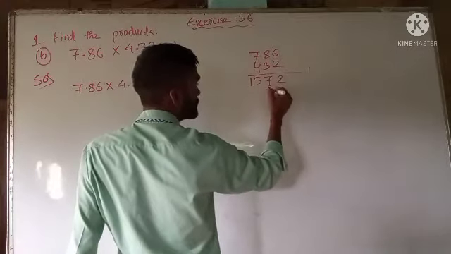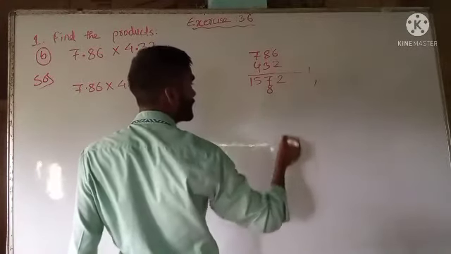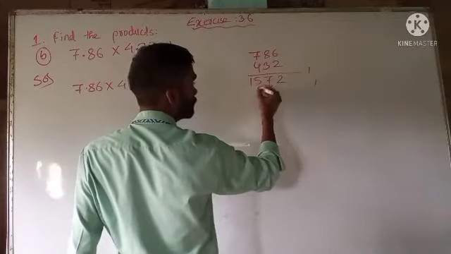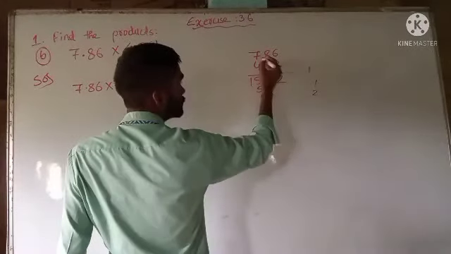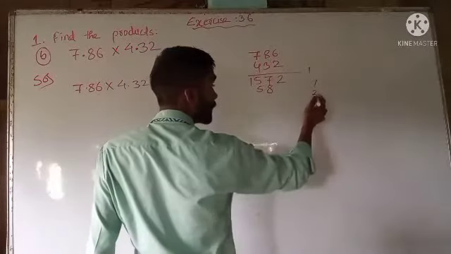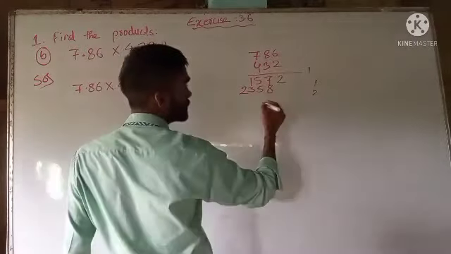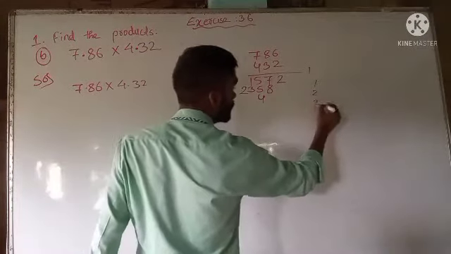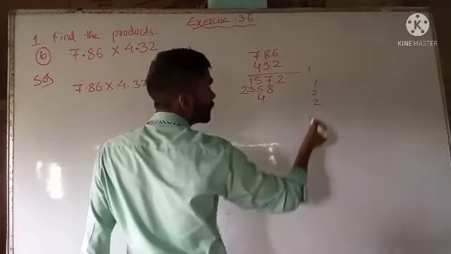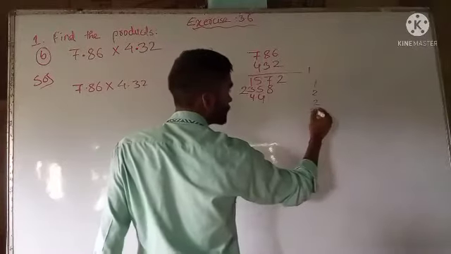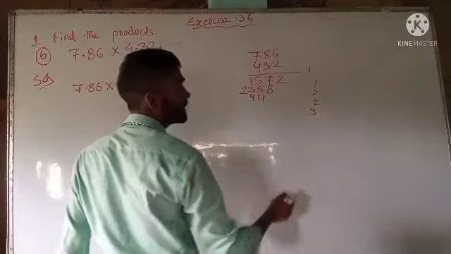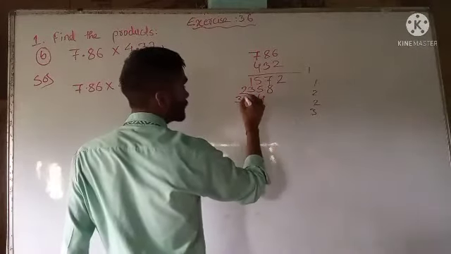Now 3 into 6 is 18, 8, 1 in hand. 3 into 8, 24 plus 1, 25, 2 in hand. 3 into 7, 21 plus 2, 23. Now 4 into 6, 24, so 2 in hand. 4 into 8, 32 plus 2, 34, 4, 3 in hand. 4 into 7, 28 plus 3, 31.